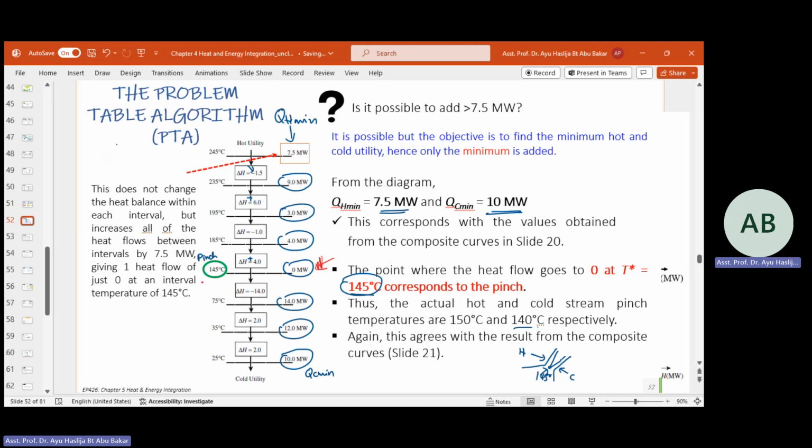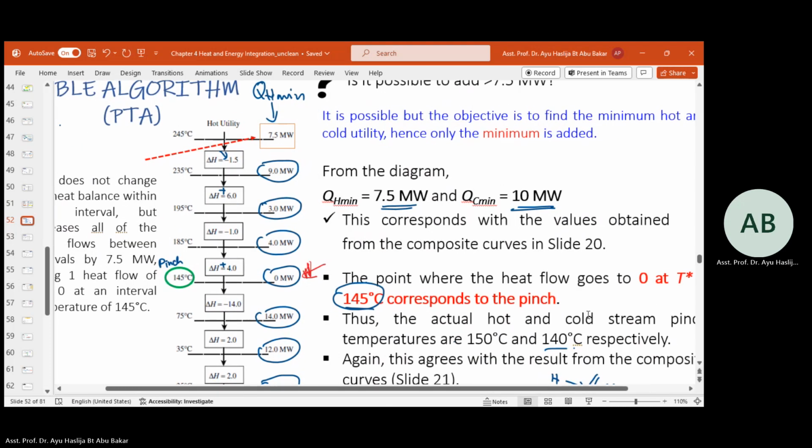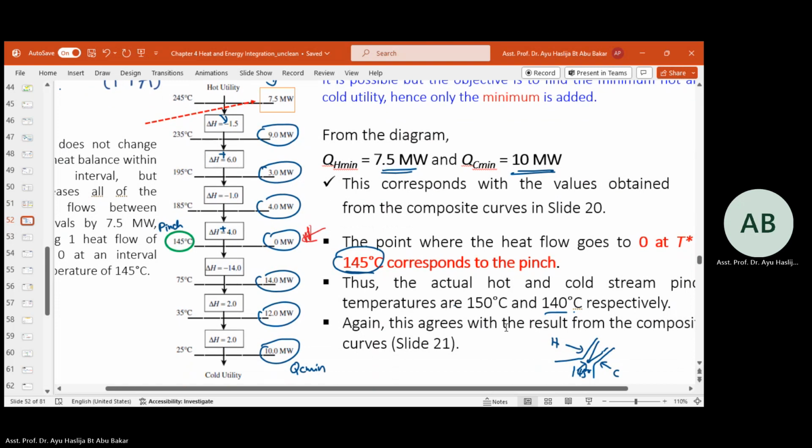Why do you need to add 5 and deduct 5? This is the pinch point. Hot pinch 150. Cold pinch 140. Why do you need to add 5 and minus 5?